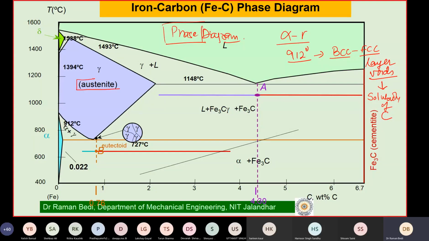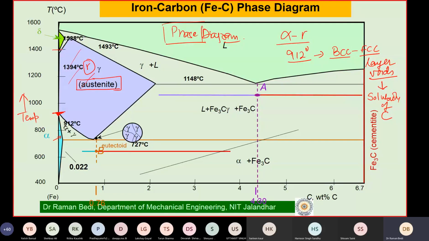Austenite is one term which we'll be referring to time and again in our discussion. If you see, this is the temperature scale here. Below this 912 degrees, your transformation temperature for iron, you have alpha iron shown here, and the gamma iron is shown in this region.